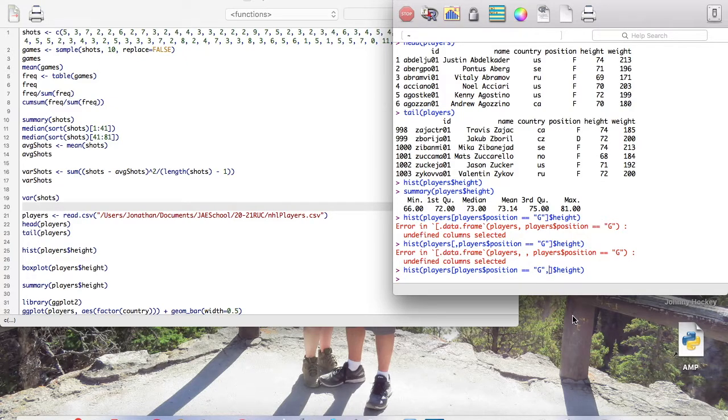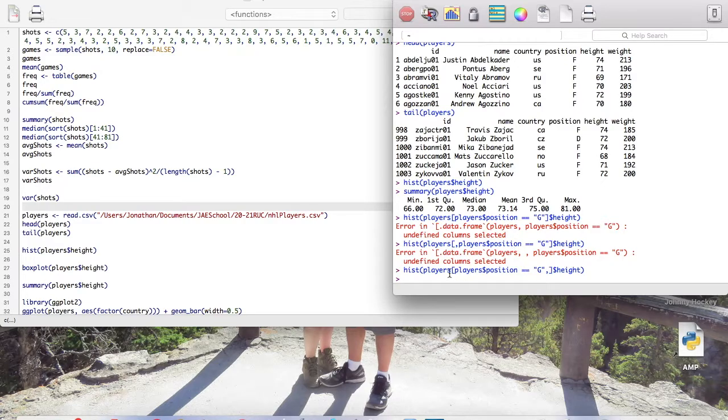So the separation here, putting this information to the left of this comma, is saying look at only the rows. If you put something to the right, it starts picking stuff off by columns, as I managed to do up above here. That's not what you want to do.